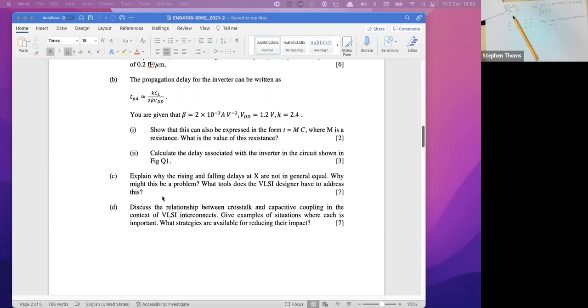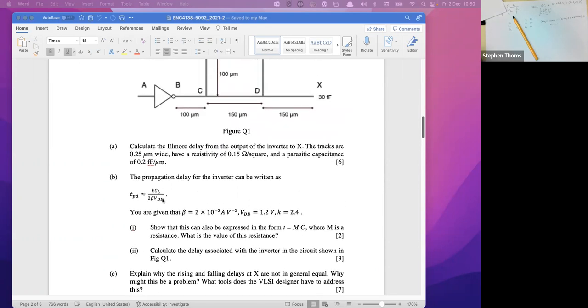So why are the rising and falling delays at X not in general equal? If you look at X, you'll have a delay when it rises and a delay when it falls. And the question is, why are they not equal? And what tools can you use to do something about this?